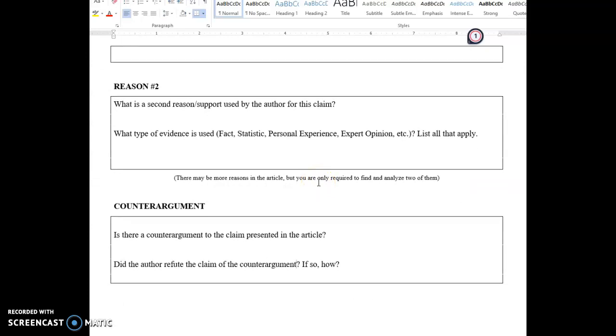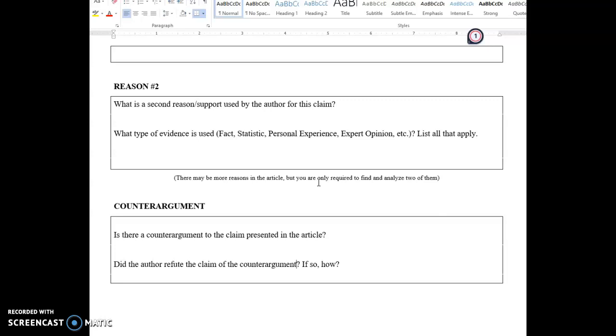So for example, if we were doing something like defining critical thinking, the article Defining Critical Thinking by Lumen talks a little bit about critical thinking and how it's a valuable skill. That article doesn't really include any counter argument. There's not really anything in there that says, at the same time, some people don't think that critical thinking really has helped their lives. There's no counter argument present there.